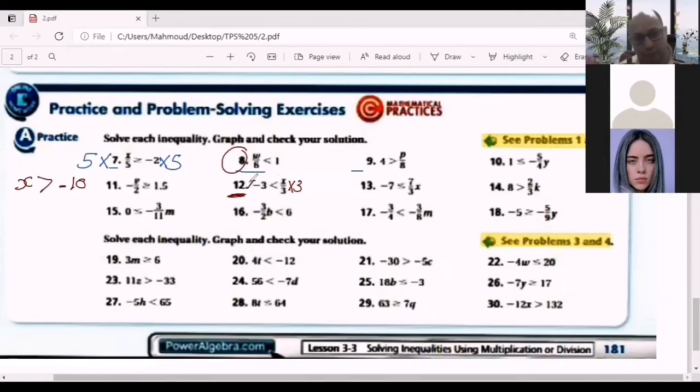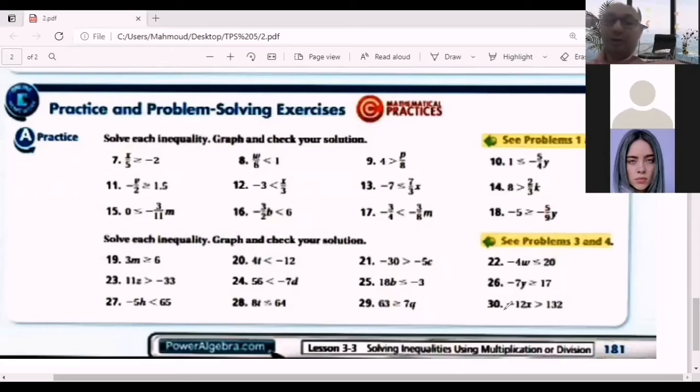Multiply 3 on both sides. So the answer will be what? X is greater than or equal to -3 multiplied by 3. The answer will be what, Jamila? Negative 9.